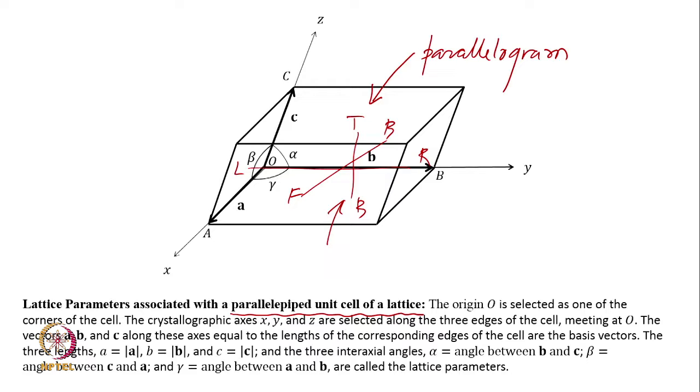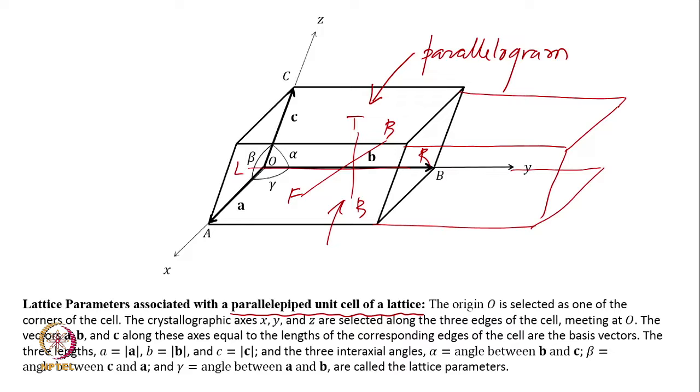What is the beauty of parallelopiped unit cell? It will always tile the space if it is repeated by translations equal to its edges. So, if in this direction I translate by B, I get the next parallelopiped. In the bottom direction, if I translate by minus C, I get that parallelopiped.